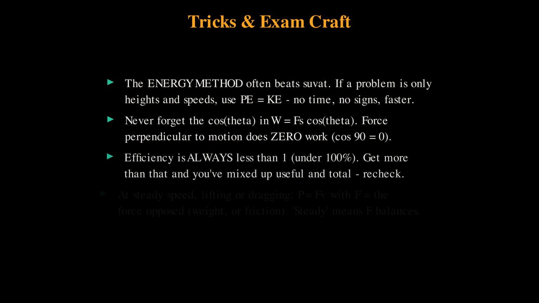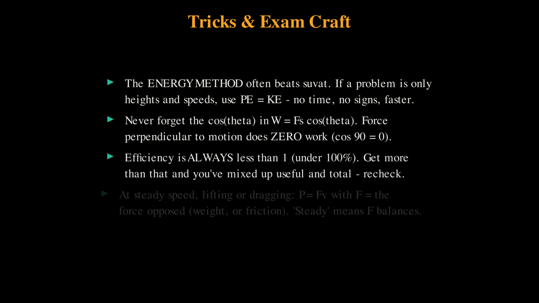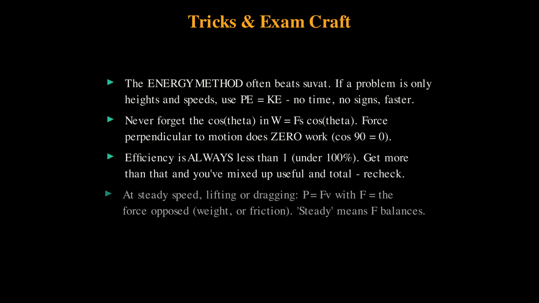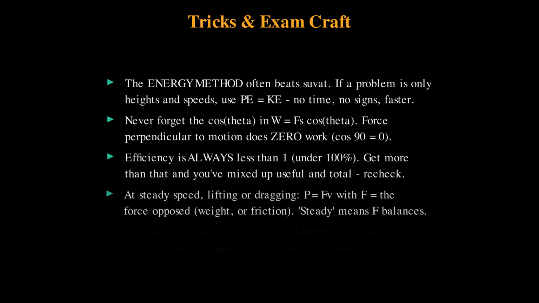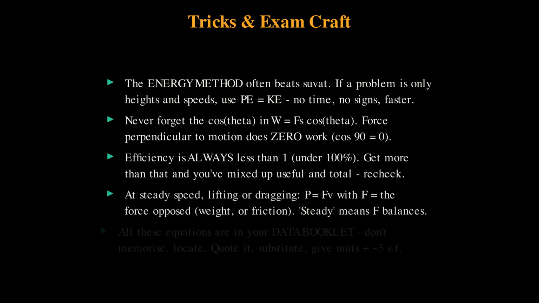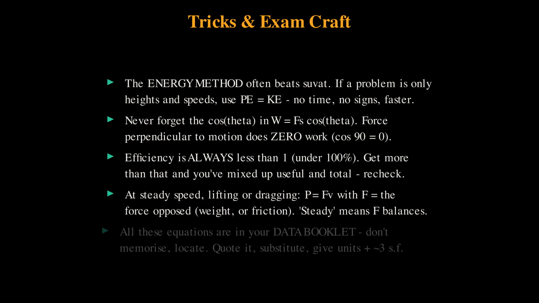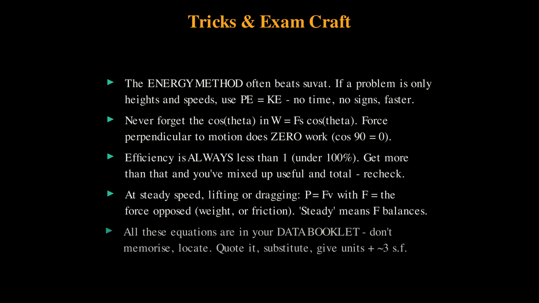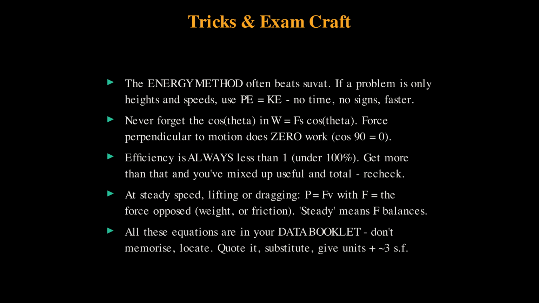For steady speed lifting or dragging, use power equals Fv, where F is the force being opposed, the weight when lifting, friction when dragging. And 5. Every equation here lives in your data booklet, so don't waste effort memorizing. Find it, quote it, substitute, and finish with units and about 3 significant figures. That habit banks the method marks.